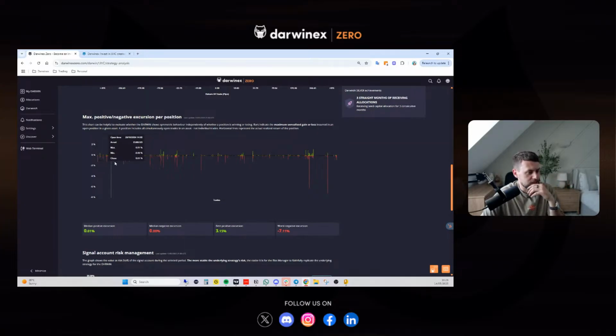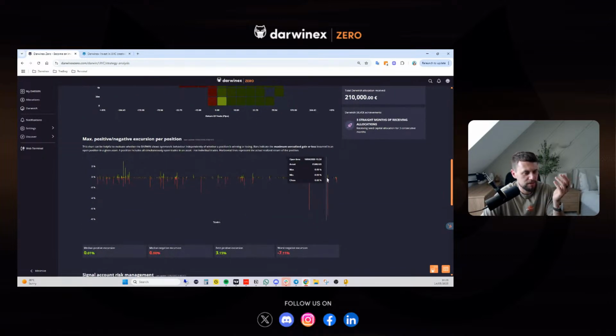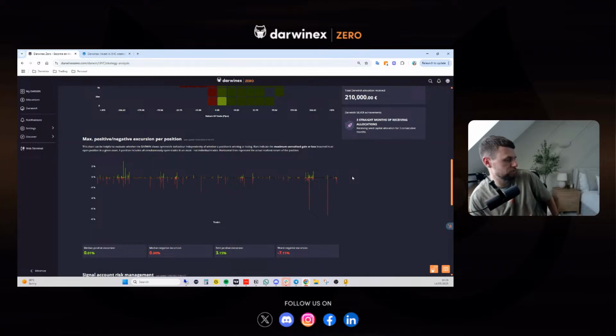Again, this kind of screams martingale. You can see that the winners are all relatively small, and then we have a couple of really big drawdown periods here. It's unfortunate you can't scale into this chart, because I'd be intrigued to know where he closed out, but I'm presuming at some form of profit on these trades, because there wasn't a drop off in your equity curve at that point.